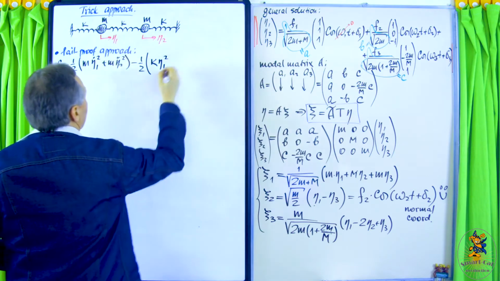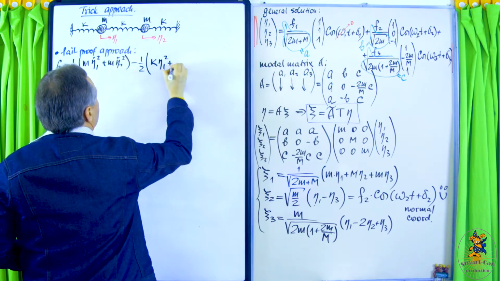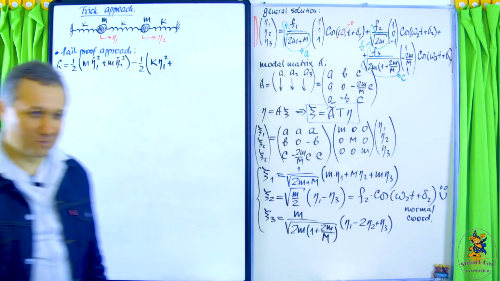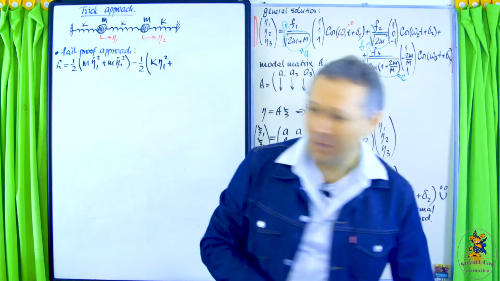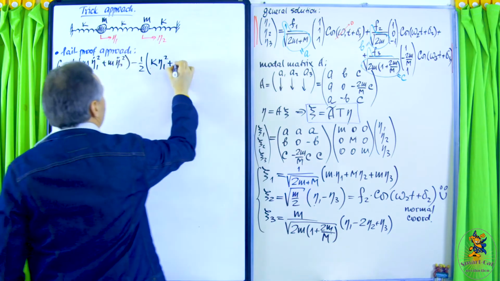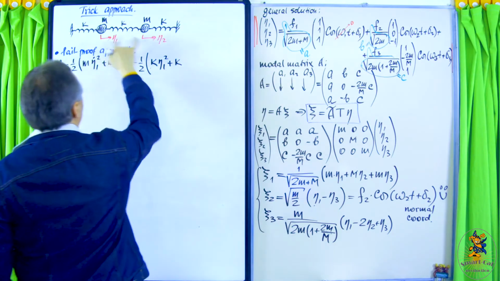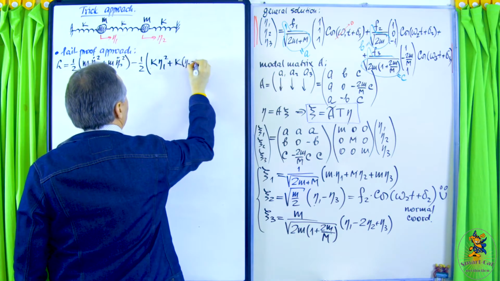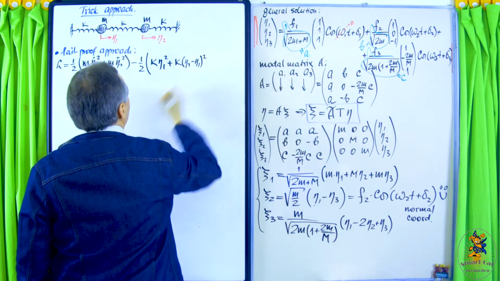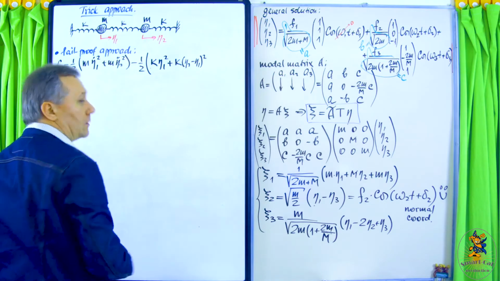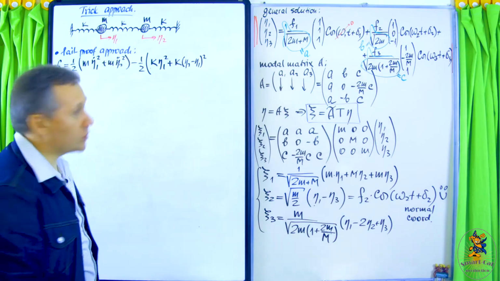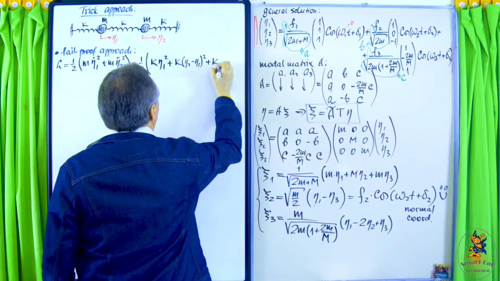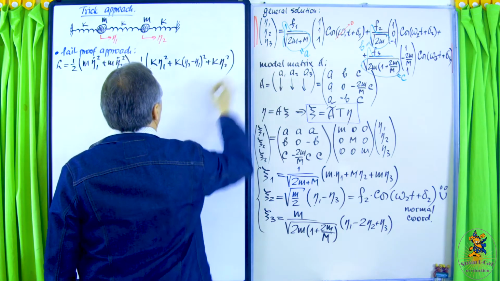Then the middle one, plus, no, 1 over 2 is outside, sorry. Then this middle spring, K, and of course stretching depends on the difference between eta 2 and eta 1. So it will be eta 2 minus eta 1 squared. And that spring is stretched only by eta 2. So it will be plus K eta 2 squared, right?